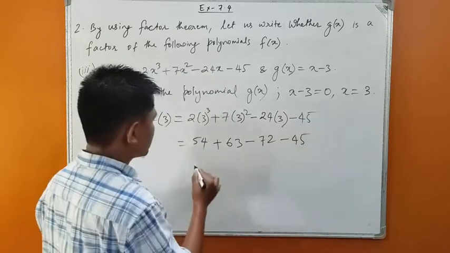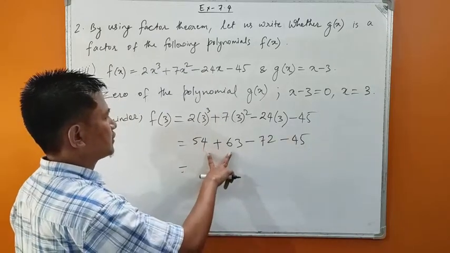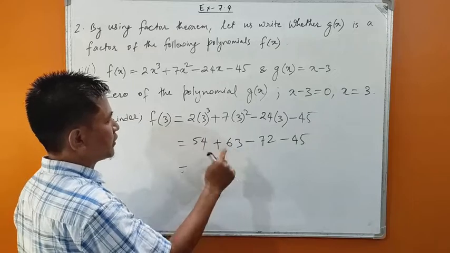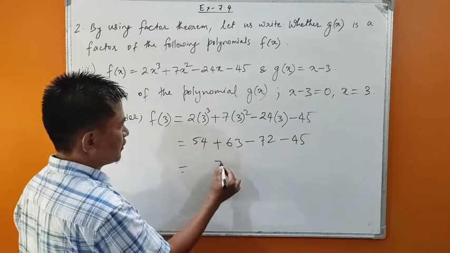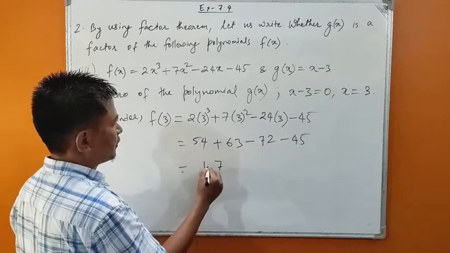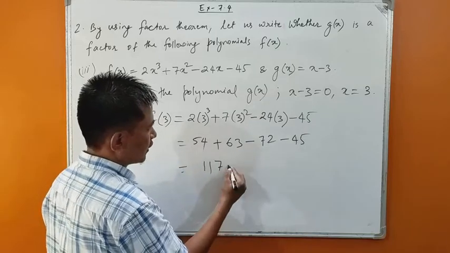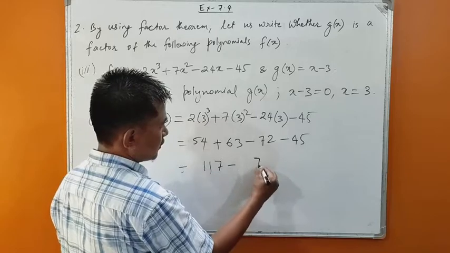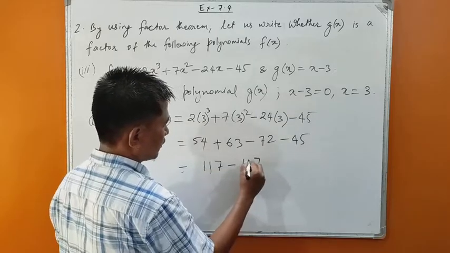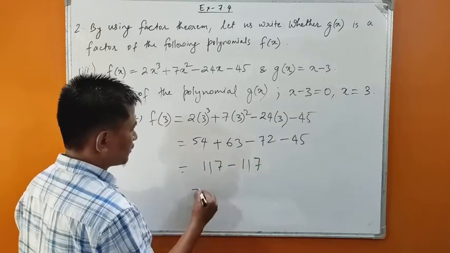Let's add up the numbers with the same sign. These two numbers have similar signs. So 54 plus 63 is 117, and these two are negative, so let's add those up. 72 plus 45 is 117.